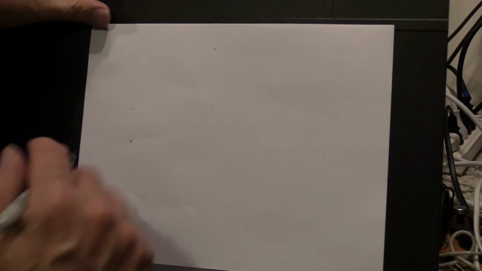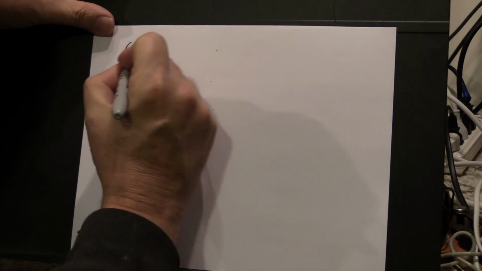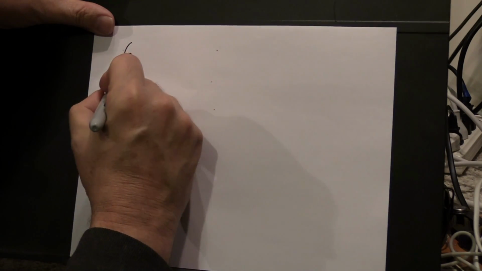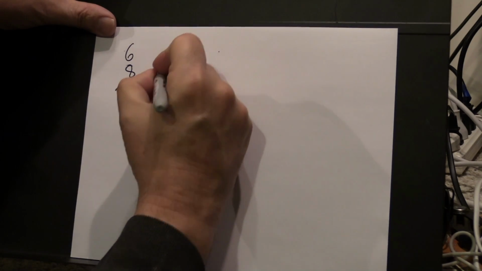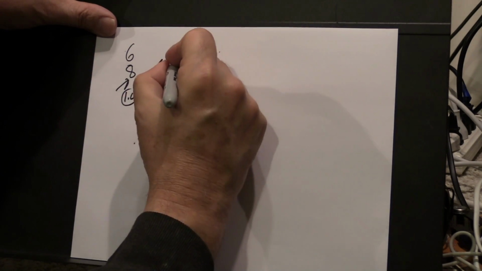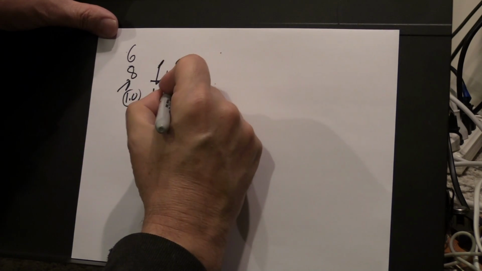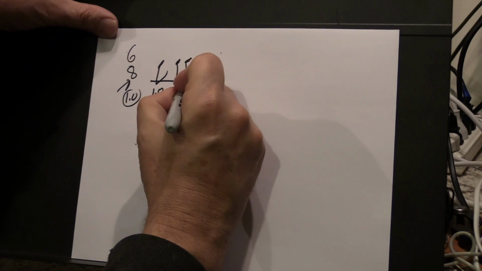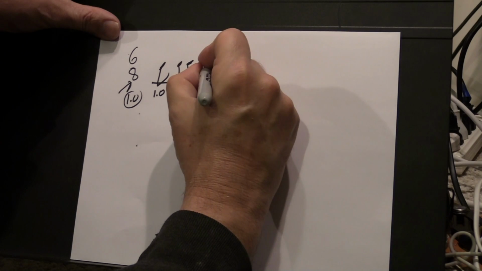Okay. All right. So let's go 6/8 time. When you're in 6/8 time, the eighth note gets 1.0. So if you had that, that's 1.0. If you had 3 of those, 1.0, 1.0, 1.0. Now let's do a dotted eighth note.